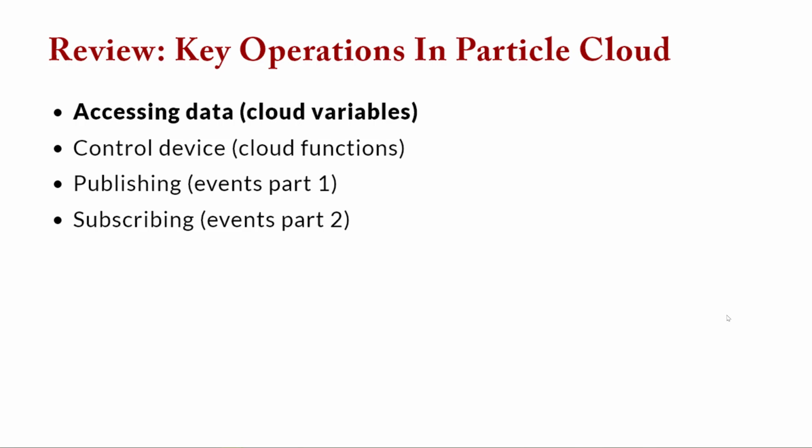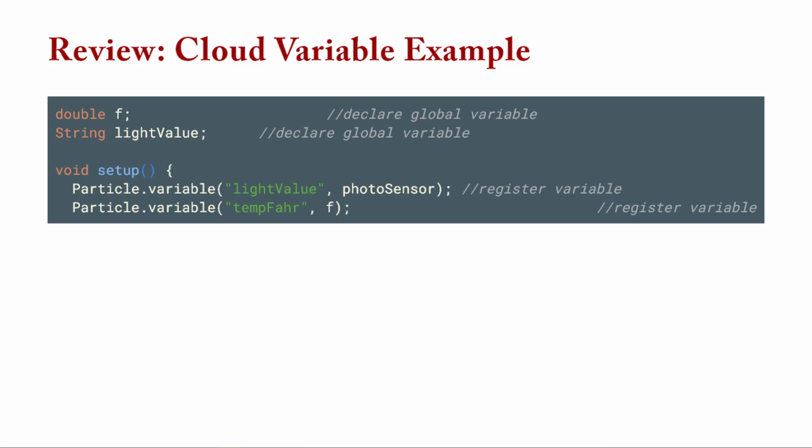So we last talked in class about this idea of using variables to control data. And just as a real quick recap, what we did was we said, here's my variable, double F, and I simply put it in my setup, particle.variable, and then I give it the name you want in the app.